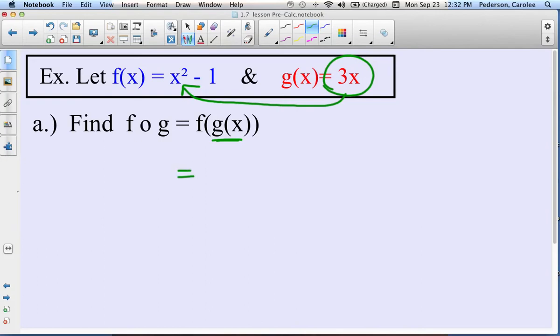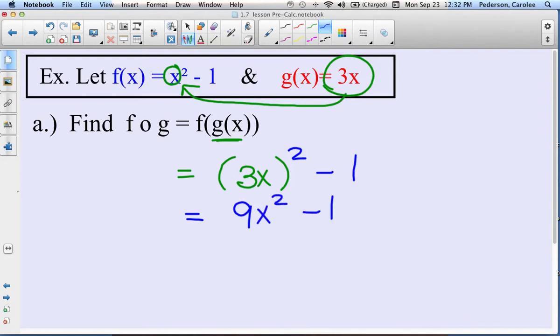So you say equals, I'm going to replace this x with 3x, and then I still have the squared minus 1. Now we'll simplify that. 3x times 3x is 9x squared, and then minus 1.